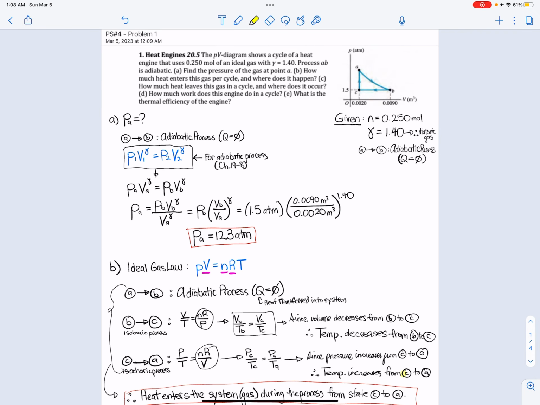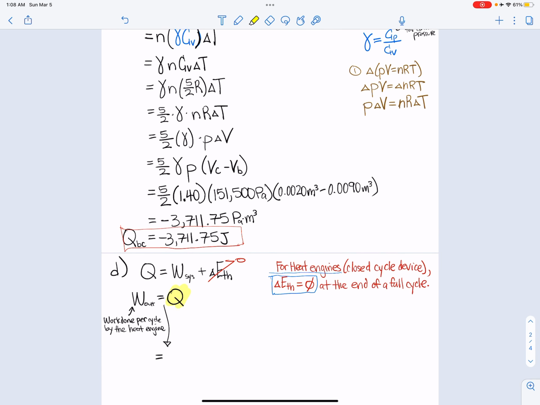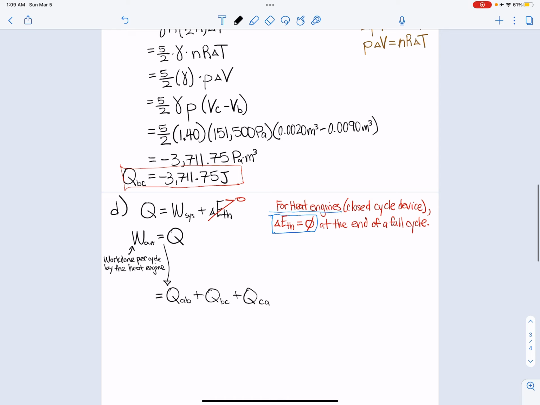So we had the heat transfer from A to B, plus the heat transfer from B to C, plus the heat transfer from C to A. The sum of all those heat transfers is equal to the total heat transfer, Q, over that whole closed cycle process. Well, we calculated all those in part B and part C.